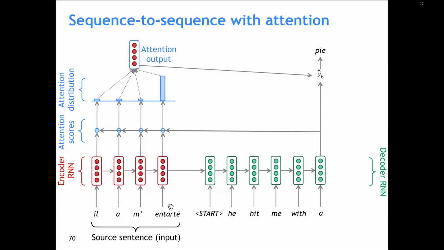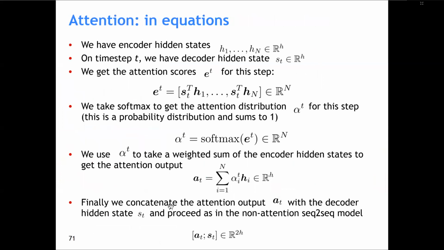Okay, so that's the chart, and then it can be represented in equations. Basically, we have all the hidden states for the encoder, and then we have the decoder hidden states at time t. Because it's rolling out gradually, at each t we calculate the attention scores.